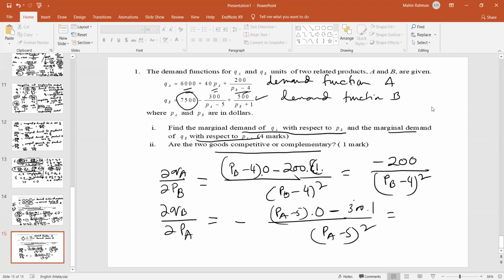So it will be plus 300 over PA minus 5 whole square. So one is negative, another one is positive.